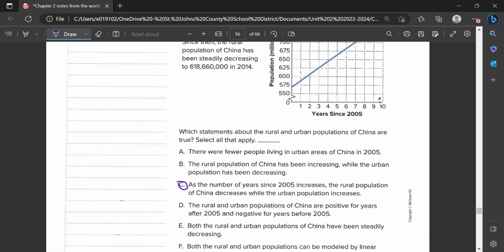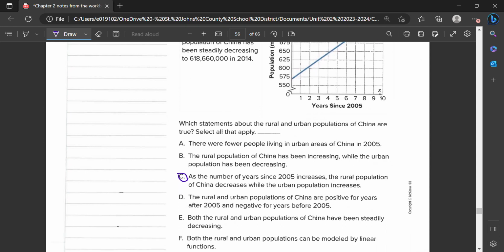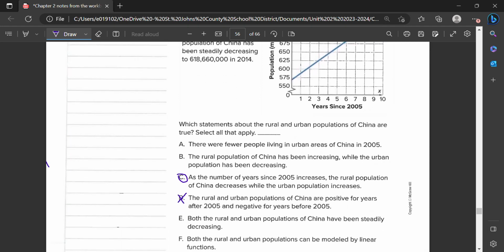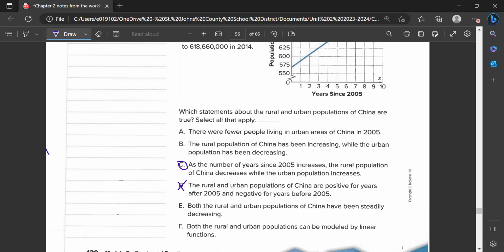So, D, the rural and urban populations of China are positive for years after 2005 and negative for years before 2005. I cannot agree with that. Both the rural and urban populations of China have been steadily decreasing.